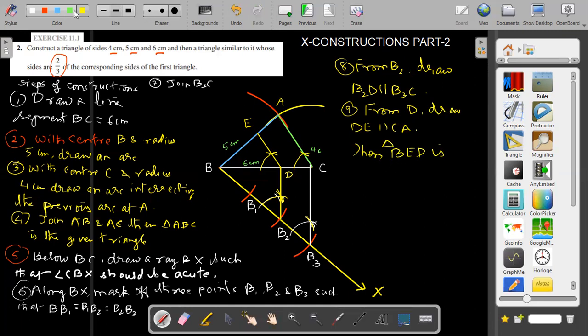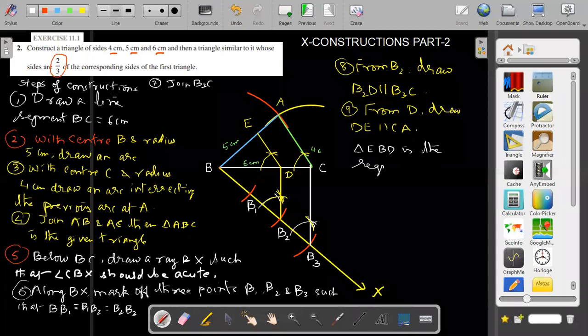We should write EBD. Triangle EBD is the required triangle.